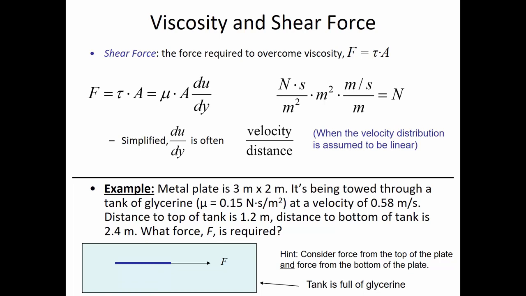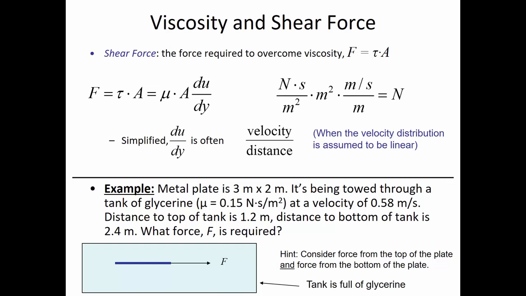I'm not sure which dimension we're seeing here. I guess this is the side view, and so it's probably oriented like this. It is 3 meters long, 2 meters wide, and we're going to be pulling it through a fluid.